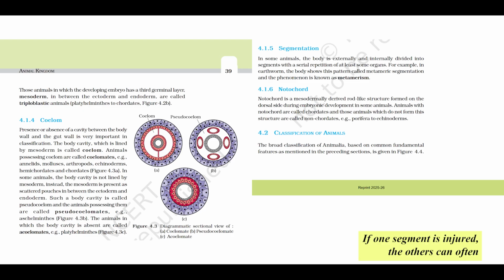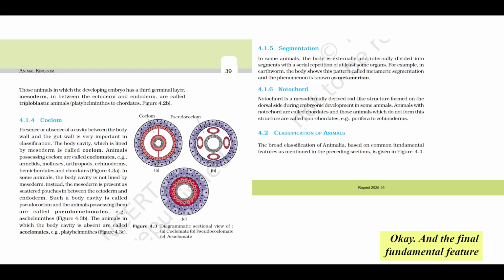If one segment is injured, the others can often continue to function, providing a degree of protection and a better chance of survival. And finally, it provides a more efficient basis for the development of a hydrostatic skeleton in coelomate segmented animals, allowing for powerful and localized shape changes that aid in locomotion. So it's not just simple repetition. It opens the door for specialization, better movement, and backup systems. Precisely. It's a very effective body plan.